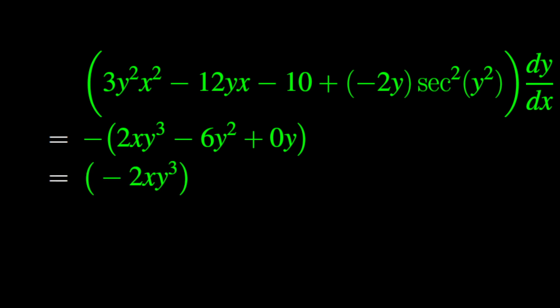When we expand after multiplying by negative 1, we have minus 2xy cubed plus 6y squared plus 0y.